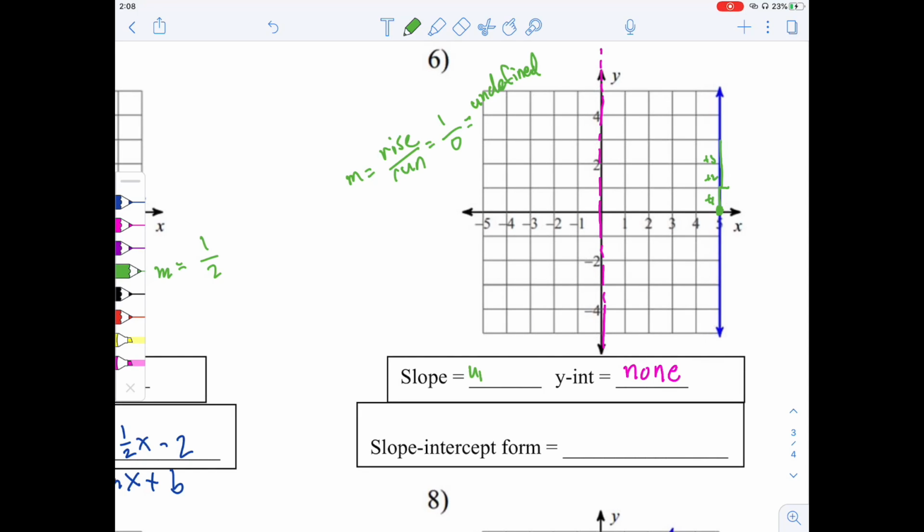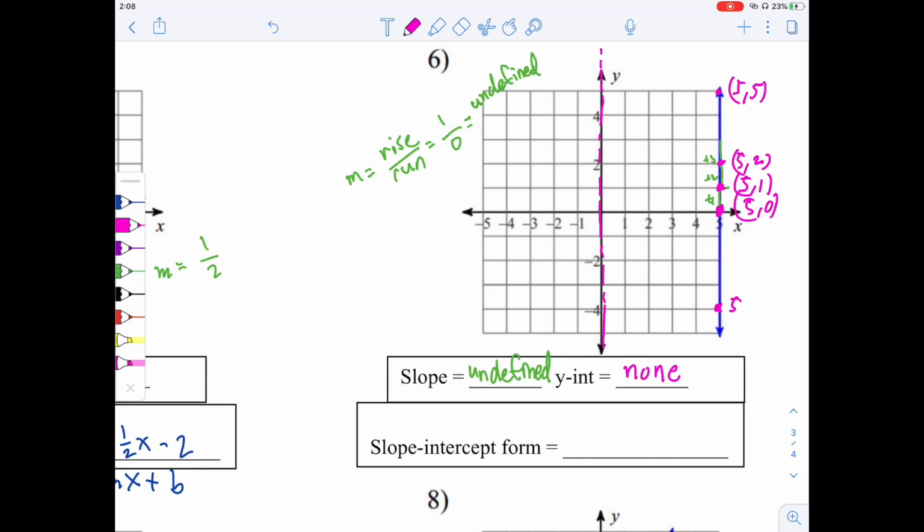So slope is undefined. And then how do you write a slope-intercept form equation? Okay, so let's break this down into points. This point is (5, 0). This point is (5, 1). This point, (5, 2), right? And this will be (5, 5). We can go the other way.